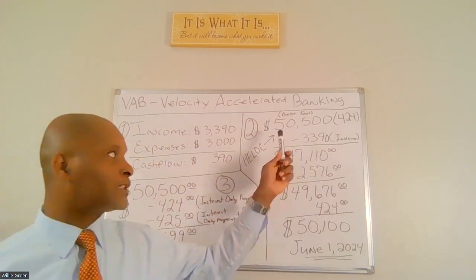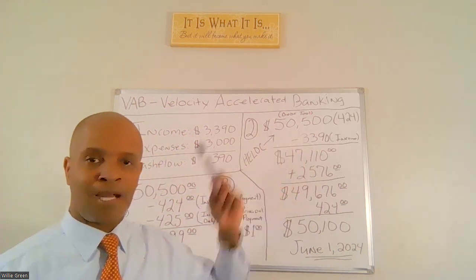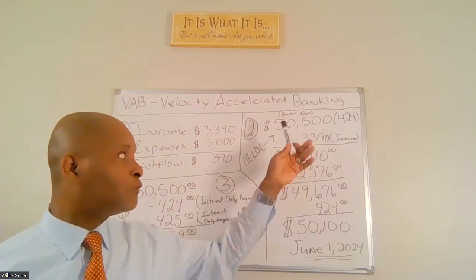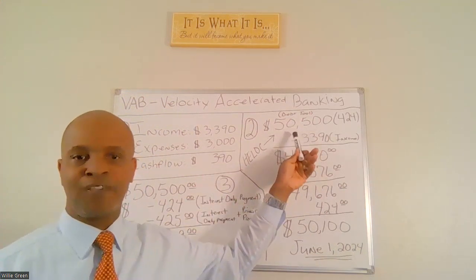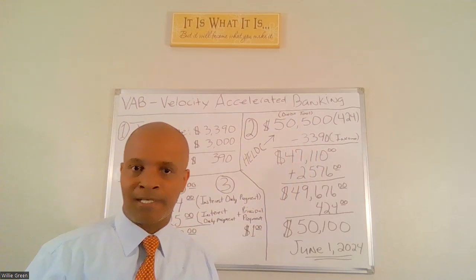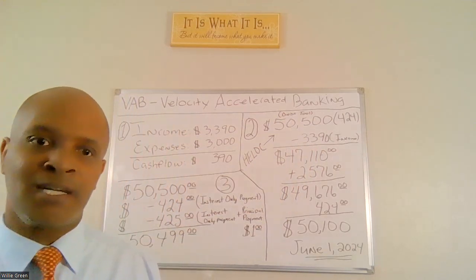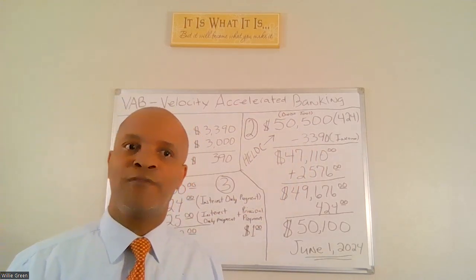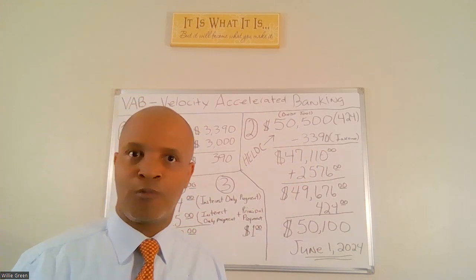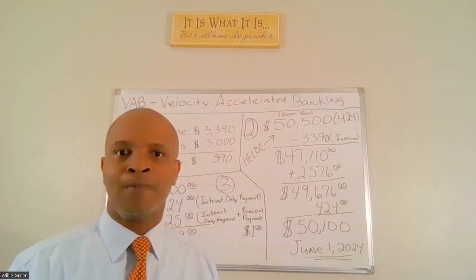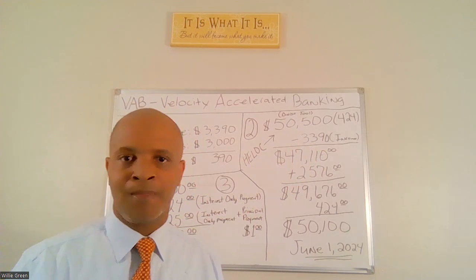So now I'm continuing to develop my concept of VAB using real world debt of $50,500 as a HELOC that I was able to attain after praying for it, after applying for it, not receiving it in the beginning, and finally getting it.